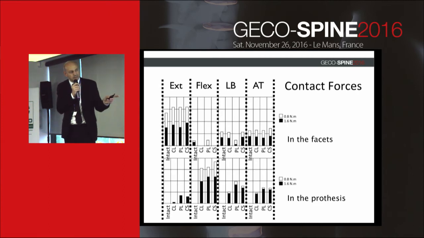And this is quite complicated, but as a summary, we're able to calculate the contact forces within the prosthesis or within the facet joints, showing that at some point, like in flexion here or somewhere in extension, you can have no contact forces, meaning that under the condition of testing, we have some kind of instability because there's no pressure anymore inside the prosthesis or inside the facet joints, which is an indirect way to qualify the motion and maybe the notion of instability.